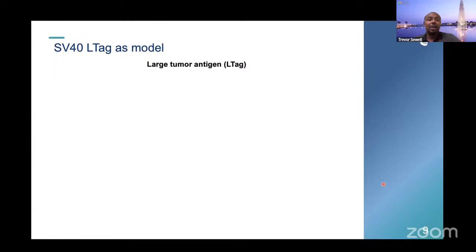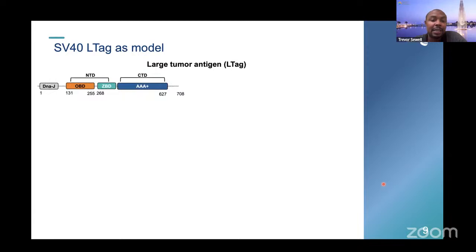This virus encodes a very particular protein called the large tumor antigen, or LTAg, if you like, and it's a 708 amino acid protein that has different domains. From the N-terminal, the DnaJ domain that is involved in protein-protein interaction.